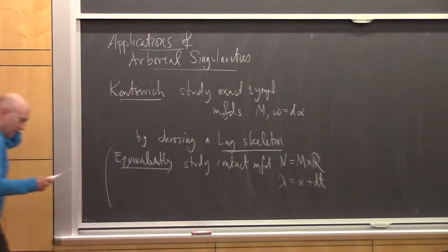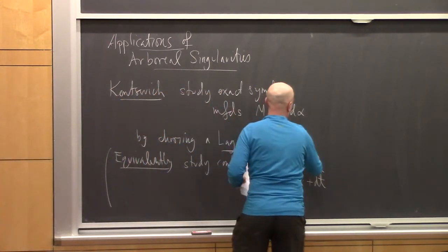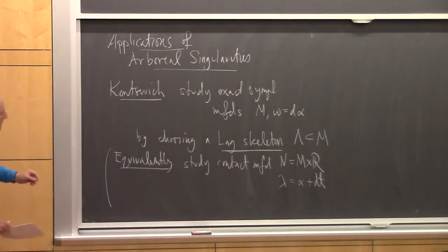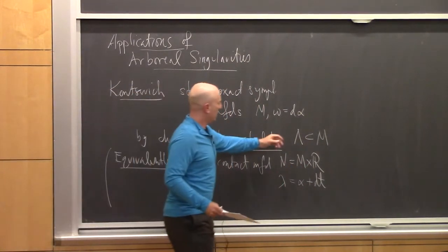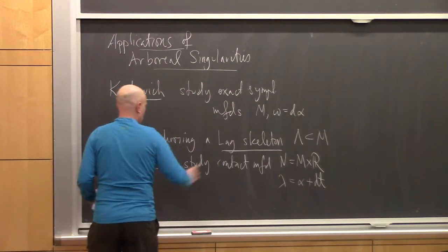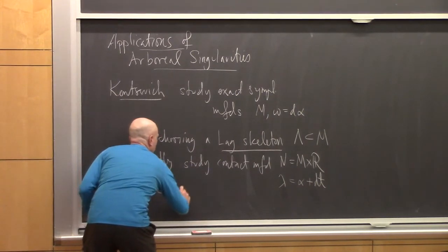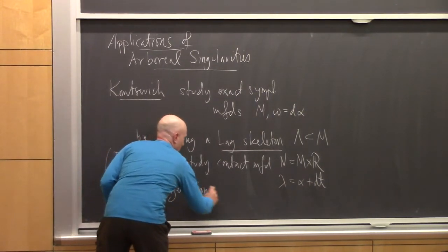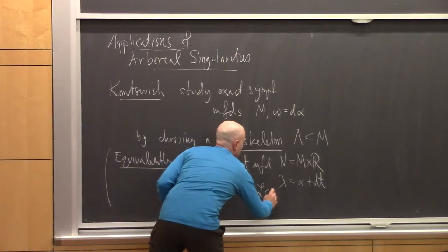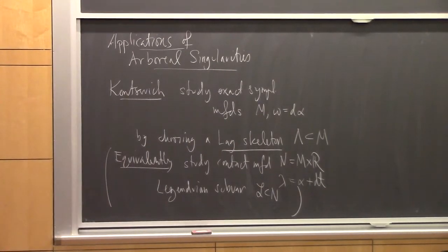Plus or minus dt. Then this Lagrangian skeleton, let's call it Lambda inside M, will in particular be exact, and so will be able to be lifted to a Legendrian subvariety. So we could alternatively study a Legendrian subvariety L inside N. These two contexts you can go back and forth between.